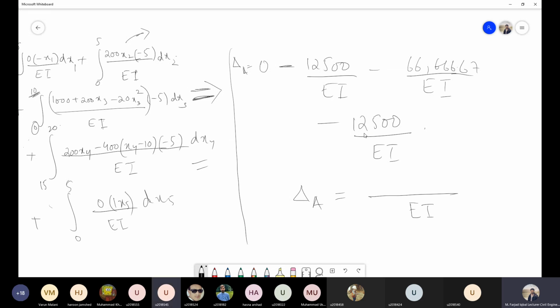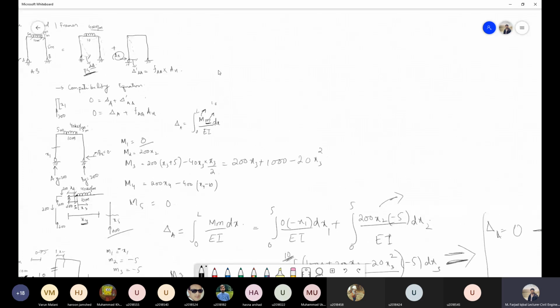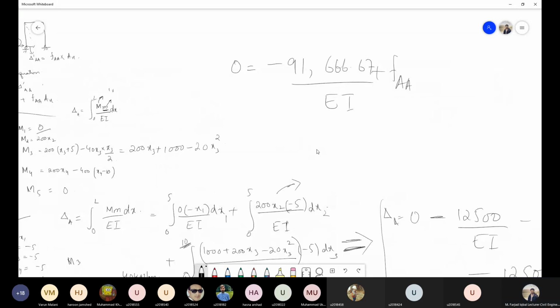So minus 91,666.67. So this is our delta A. We have calculated one factor in this equation, that is 0 is equal to minus 91,666 over EI plus we still need to find out FAA into AX. Can anyone tell me how we can get FAA?